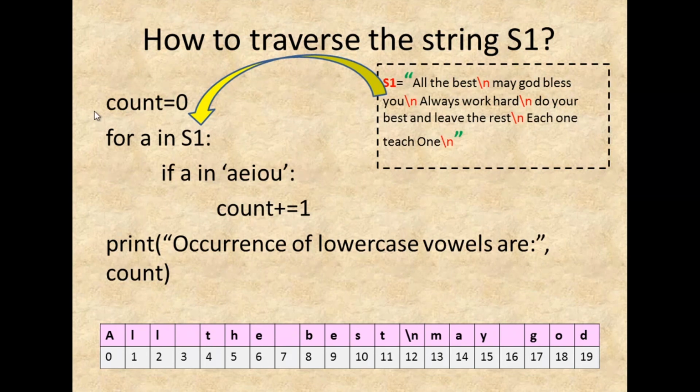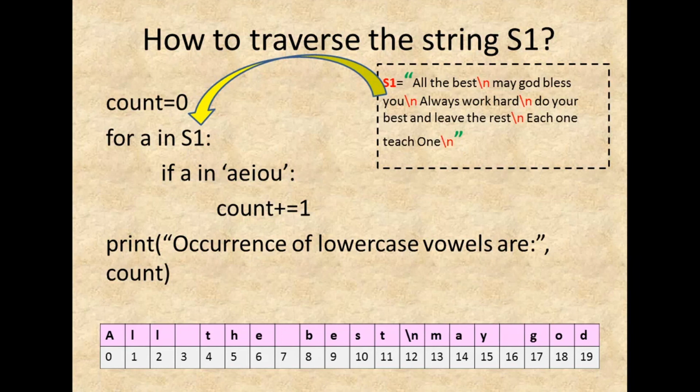Because we have to count, we require a variable count is equal to 0. After this, what we are going to do: for A in S1. Now this particular command is going to traverse the entire string S1.